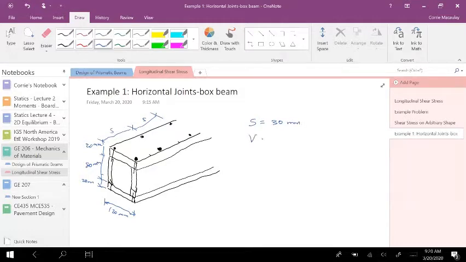And we're going to have a vertical shear, V, equal to 1,200 newtons.